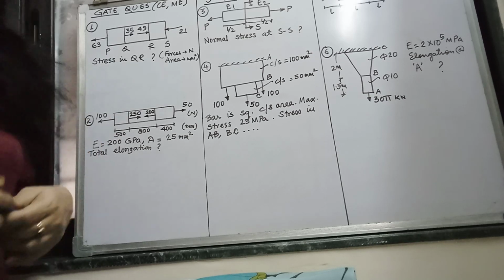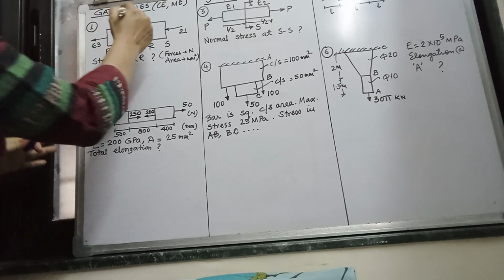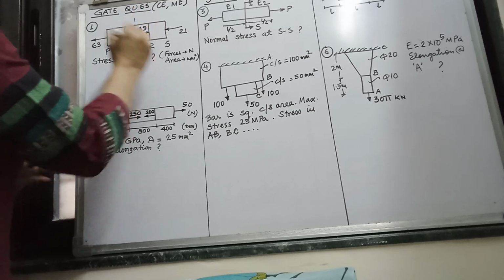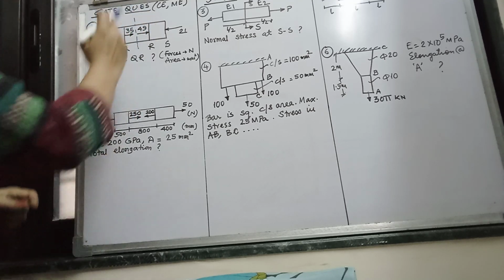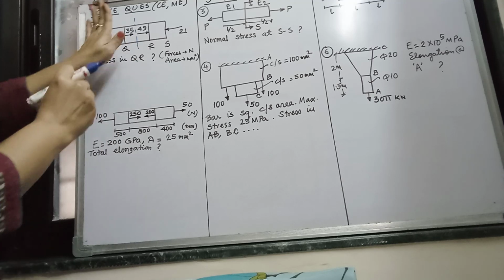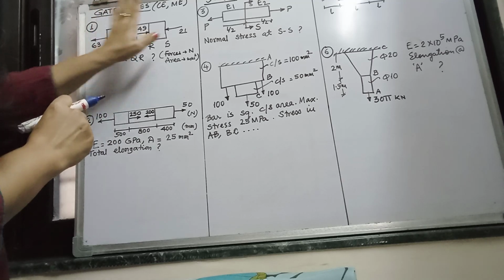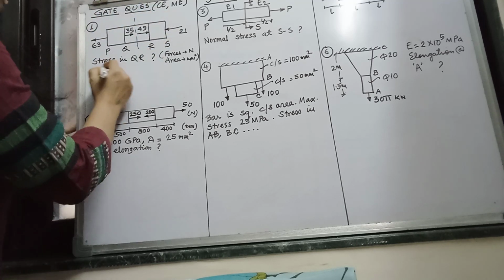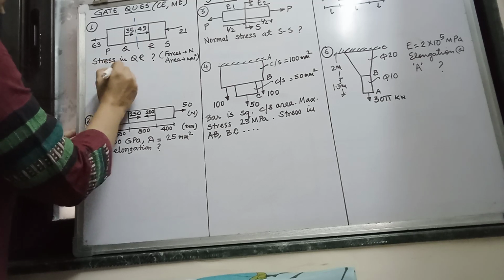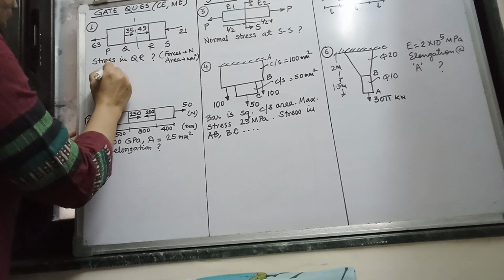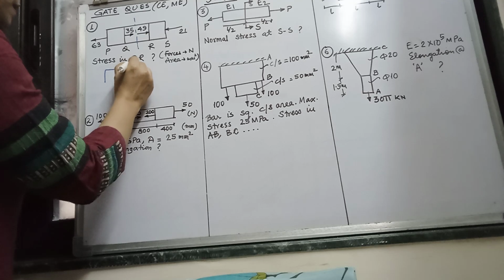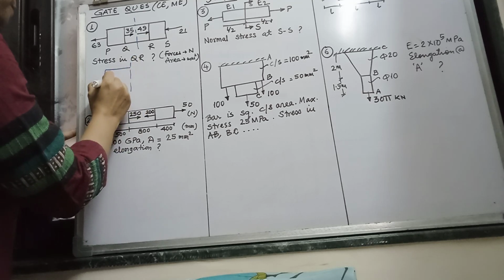So for this problem, how will we solve it? We take a cross-section like this way and divide it. Now we can draw either the left-hand side or the right-hand side part. So what will be the free body diagram? The free body diagram will go like this. This is the section.